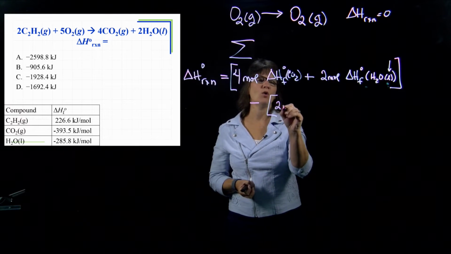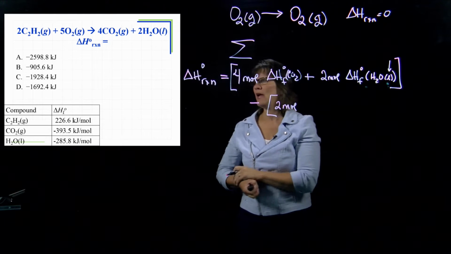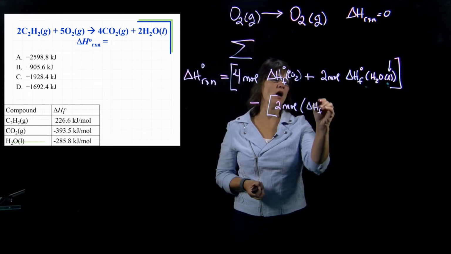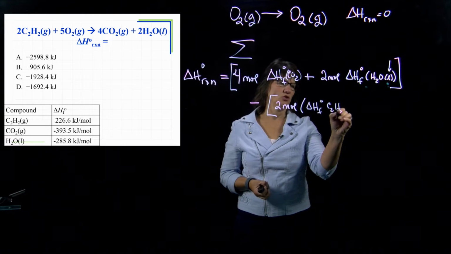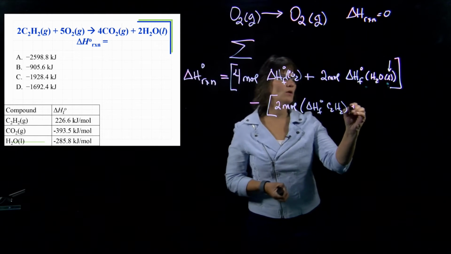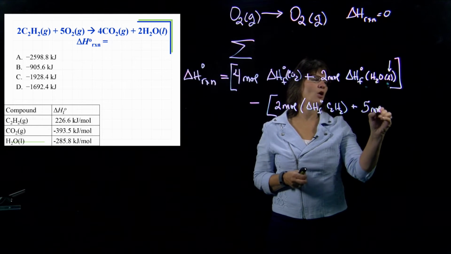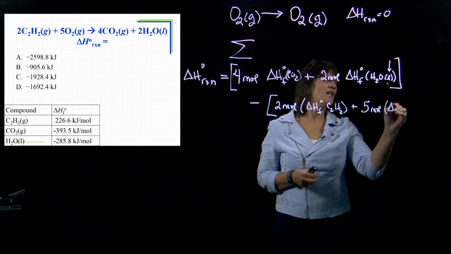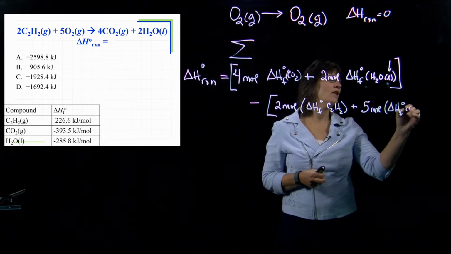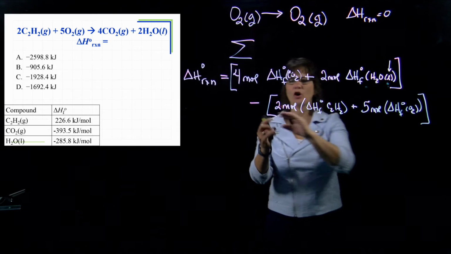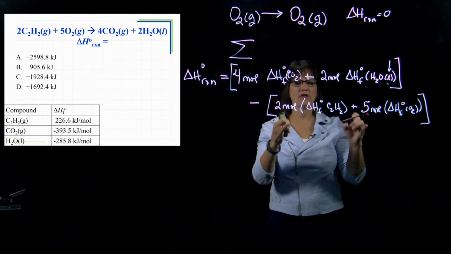So I have 2 moles of C2H2 times the delta H of formation of the C2H2, okay? And then for the oxygen, we have 5 moles of O2 times the delta H of formation of the O2. So those are my reactants, products minus reactants.